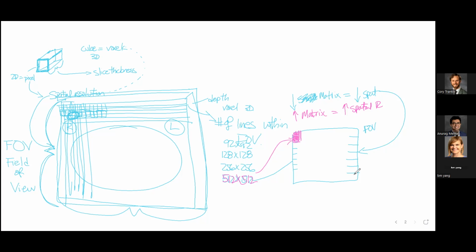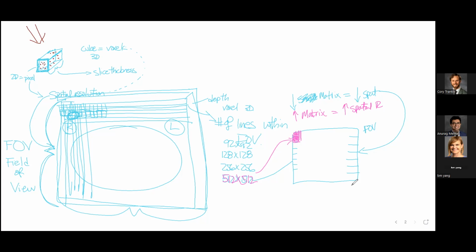Here's the trade-off with spatial resolution. Let's go back up here to our voxel. What are we imaging? Get back to the first part of the talk. What are we imaging? Protons.